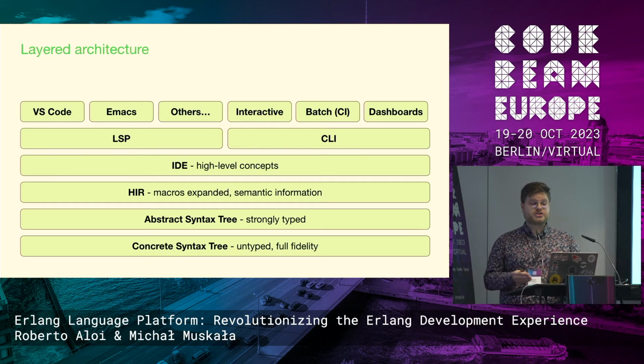As Roberto mentioned, the main use case we were exploring was the language server and integrating into editors like VS Code, Emacs, and others. But we also have the command line use case, whether it's interactive for engineers that don't like smart editors, or for CI.